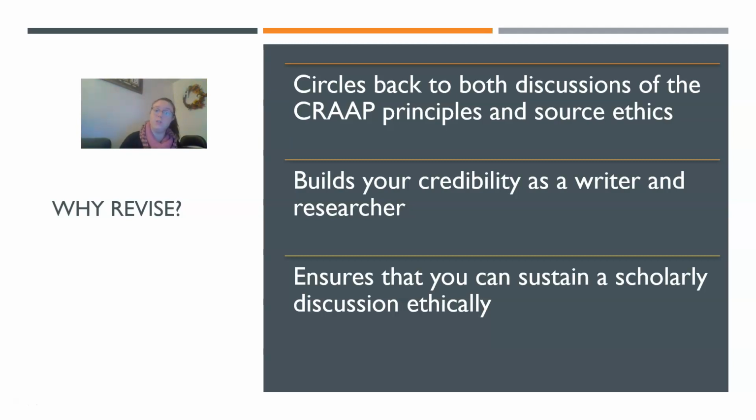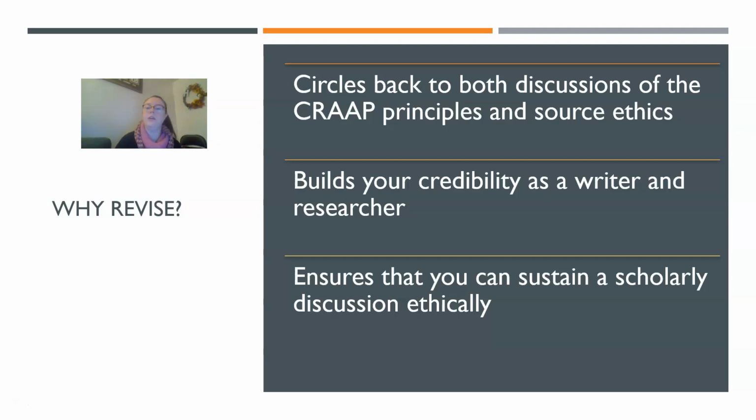And so when you can do that, even if it's a counter argument, and I think especially when it's a counter argument, when we can engage with that content in an honest and ethical way and in an accurate way, we let our readers know that they can trust us, that we are not going to mislead them, that we are going to give them the information as it exists, and then we're going to discuss in a transparent way how we see that work connecting with our own.